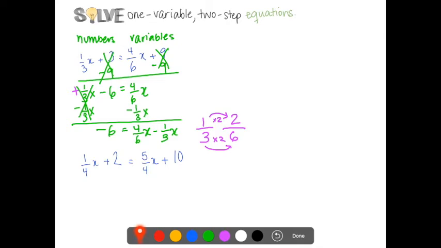So ultimately, I'm going to replace this 1/3 x with 2/6. The only thing I did was find an equivalent fraction so that I am now able to subtract my numerators. They both have the same denominator now, so I can simply subtract 4 minus 2, and that gives me 2/6x.